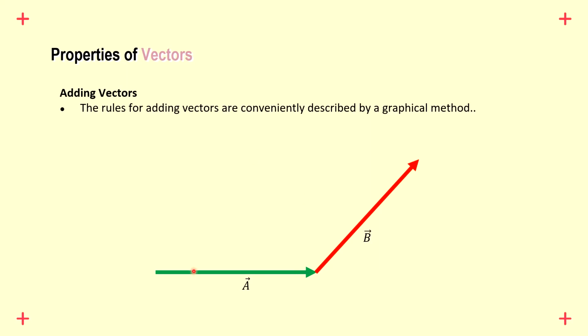Then we draw the second vector starting from the head of the first vector. Then to get the resultant, we draw another vector from the tail of the first vector to the tip of the head of the second vector. So this vector R is the resultant of vectors A and B.